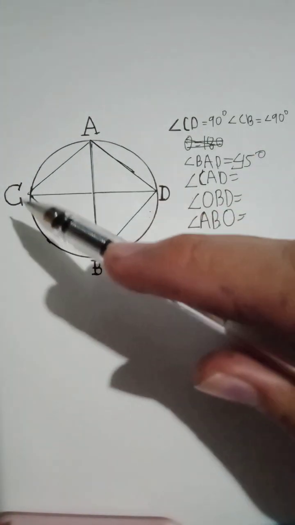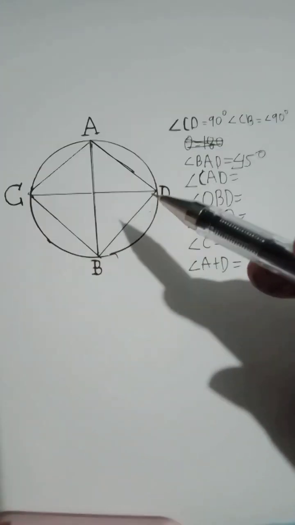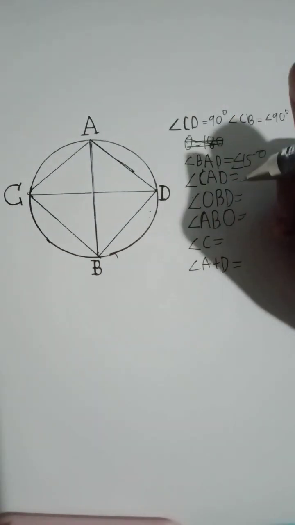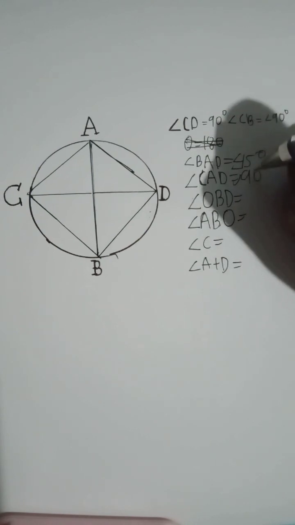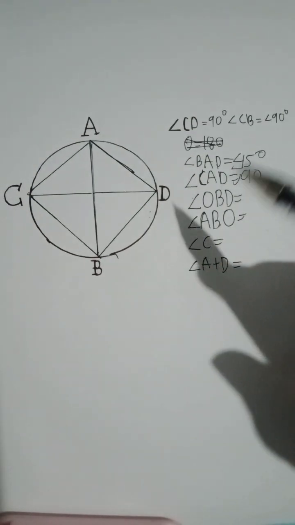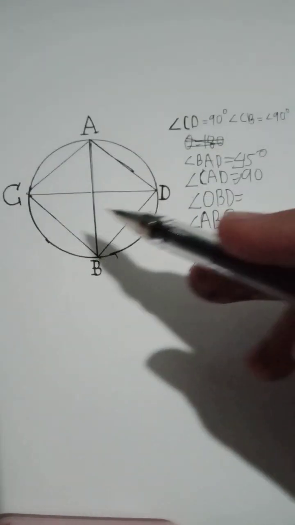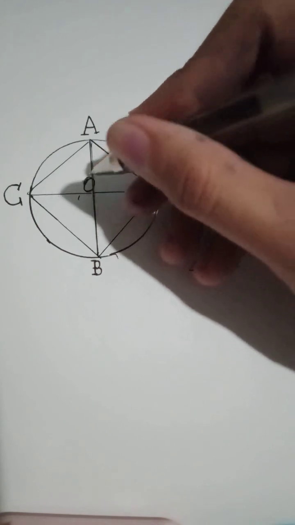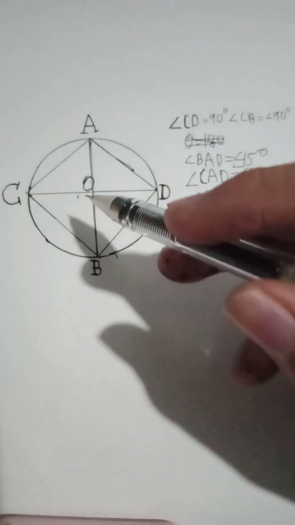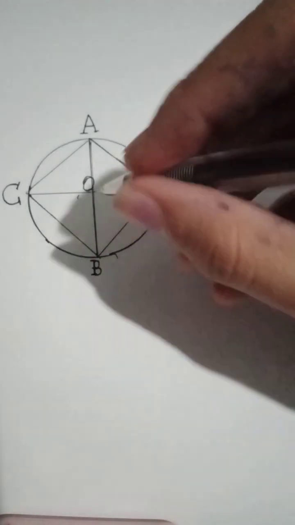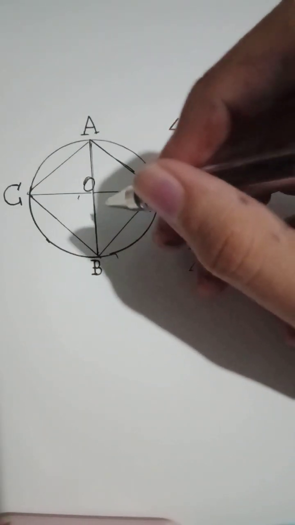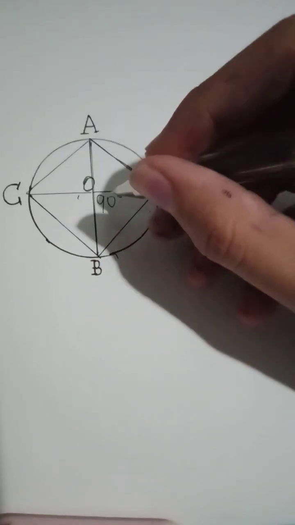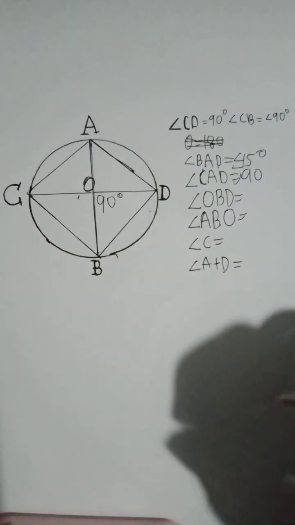That also applies in A, C, and D. CAD must be 90. And next is OBD, which I forgot. There's an O here. OBD, since this is a central angle and it's a diameter, this is 90, since it's half of 180 degrees.